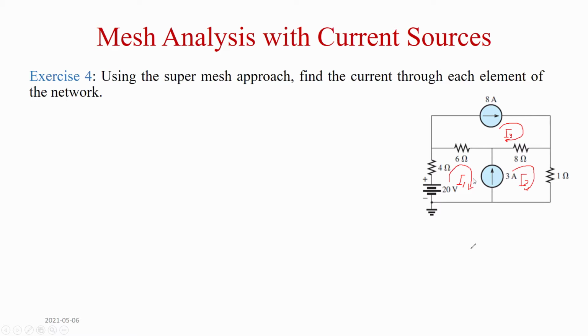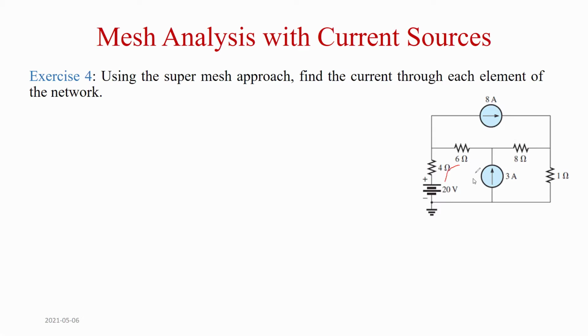Now, in the 4 ohm resistance, how many mesh currents are going here? Only one. It's I1 only. Look, I1 goes here. I'm going to do this again with different colors to show you.